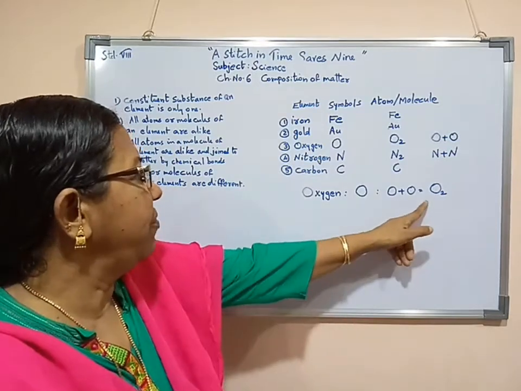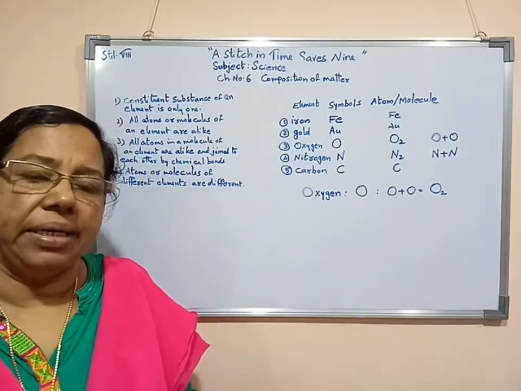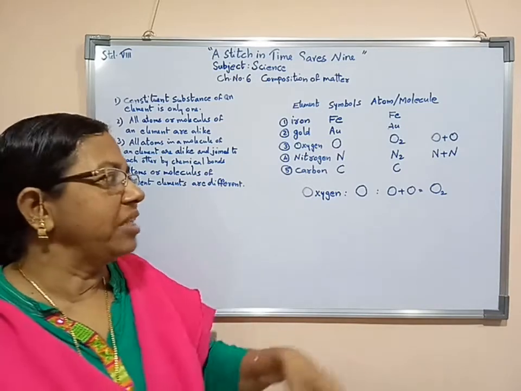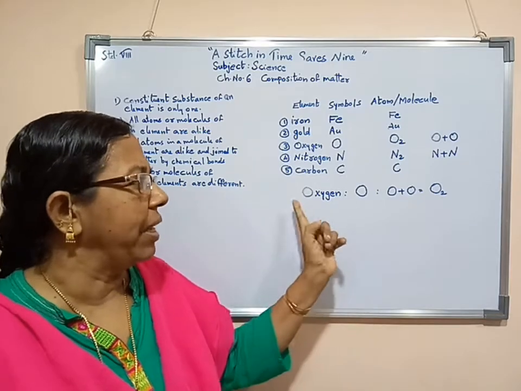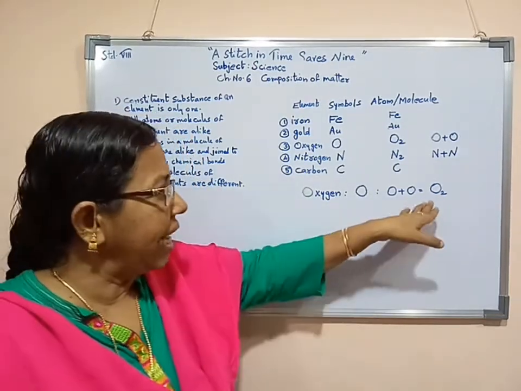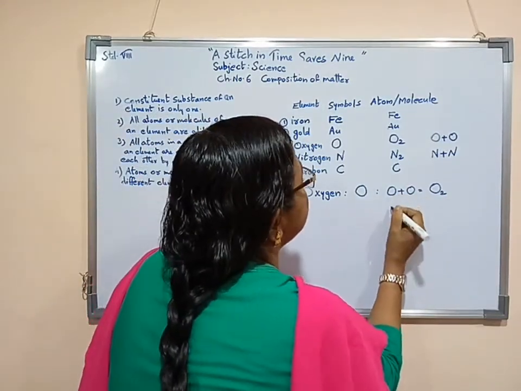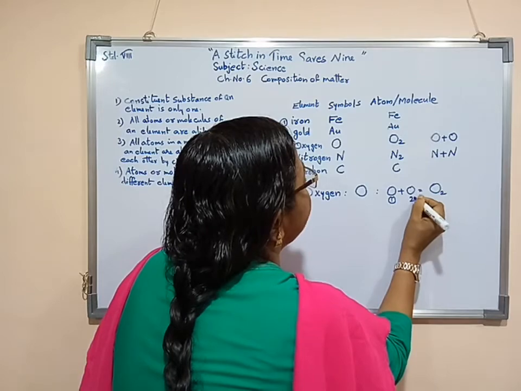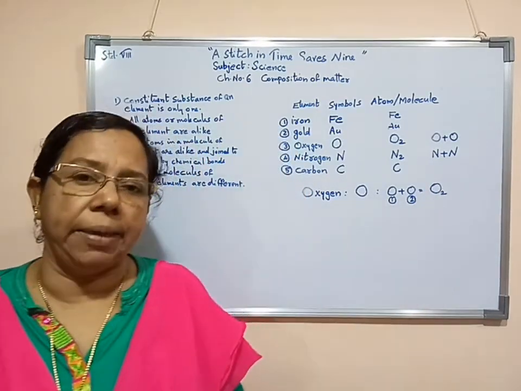Here what we have studied is that the element oxygen, or any element, is formed by joining. Here it is said, all atoms in the molecule of an element. This is the molecule of an element, oxygen. Which atoms are in it? Oxygen atoms, two atoms. This is one atom, this is the other atom. These two atoms joined together, and an oxygen molecule became.